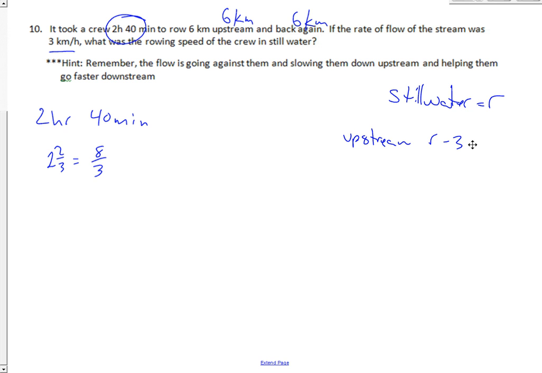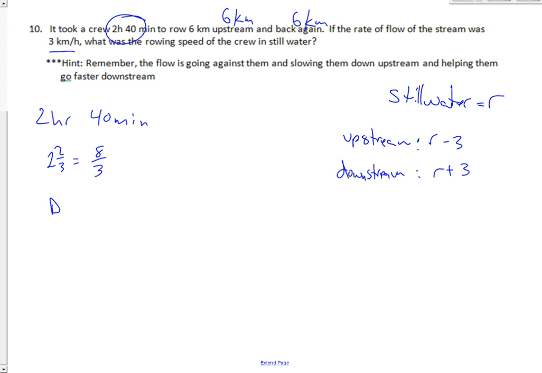So R minus 3. And for downstream, the water is pushing us to go faster, so we're going to have R plus 3. We don't know how to split up the time, so we're going to leave that as its own individual value.